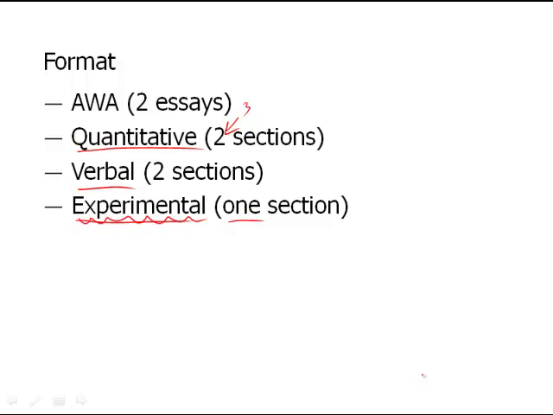Now, you're probably wondering, how much time does all of this take? Well, let's start with the essays. We have here the issue essay, which takes 30 minutes. Now you may be tempted to ask, tell me more. What do you mean by the issue essay? For now, or at least in this video, we're dealing more with the high level, big picture: what are the names of the sections and how long do they give you.